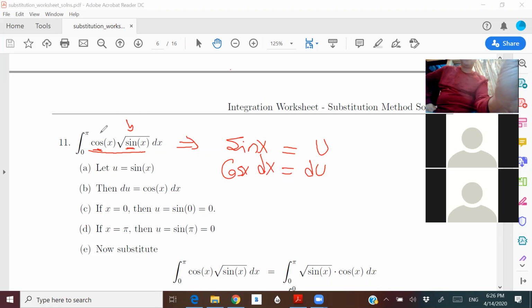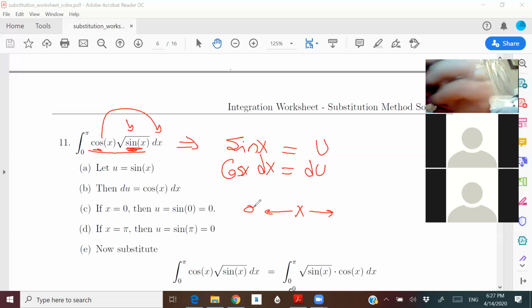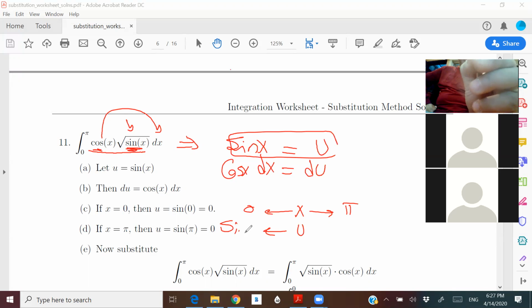Again, I have to replace cosine x dx by du, and every sine x by u. And don't forget now, x started from 0 to pi, right? And now u becomes from sine 0 to sine pi.